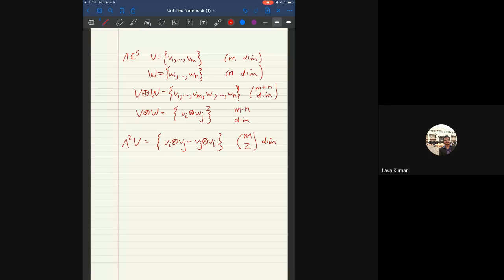More generally, I can define the P forms over V to be the vector space spanned by P basis elements from V, where again, now instead of just taking a product of two vectors, VI and VJ, I'll take a product of P different basis elements from V. And again, I will anti-symmetrize them, which I'll denote by this bracket. That's just the generalization of what I've done here.